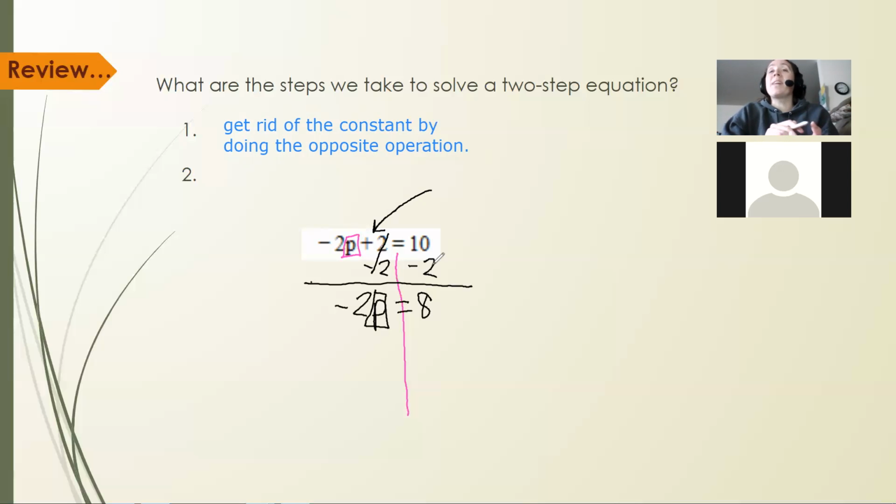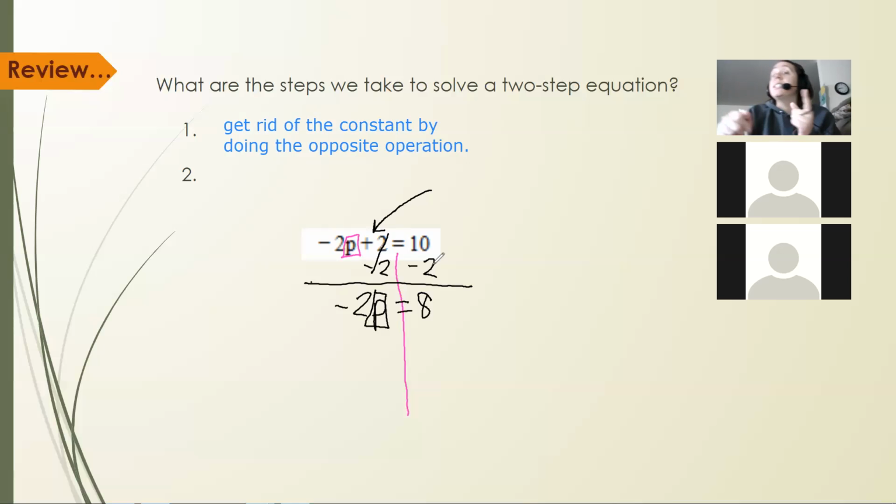So we got to get rid of that negative 2. Who remembers what that negative 2 is called? It starts with a C, ends with a T. It's not constant. That's the positive 2. Somewhere in there is the word efficient. Coefficient. Hint, hint.